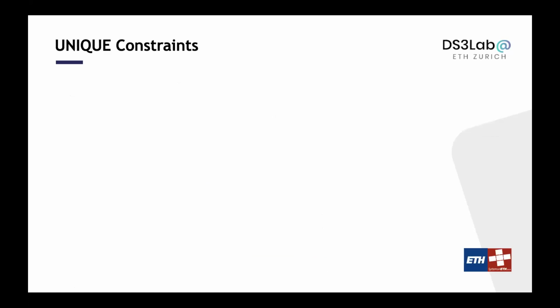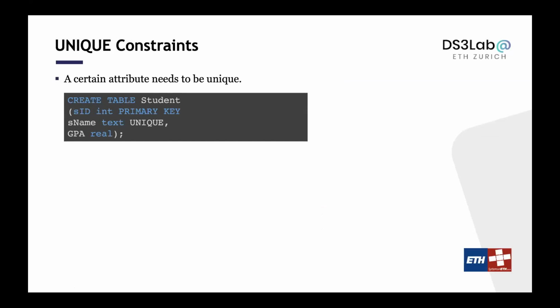Another constraint is the unique constraint. It's very simple. Because I can only define one primary key per relation, what if there's another attribute I want to be unique? In this case, you can use the unique constraint. I know SID is a primary key, but I also want to make sure SName is unique for whatever reason.